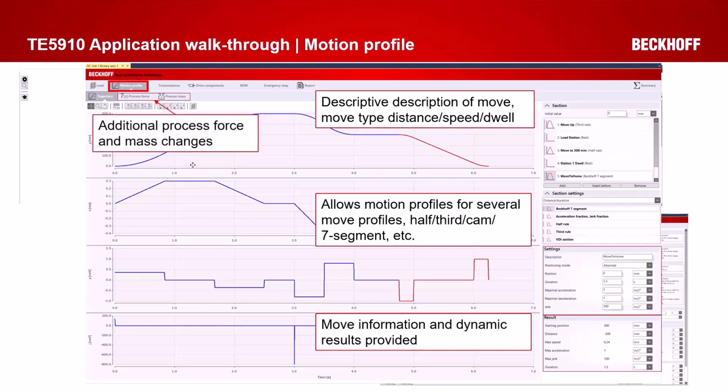In addition to that, we allow you to enter your process force. Maybe there is a pressing application, or maybe there's a part being loaded, but only loaded in certain areas and then unloaded. So not effectively the continuous mass in the application. You can put those in where you would need them to be placed.